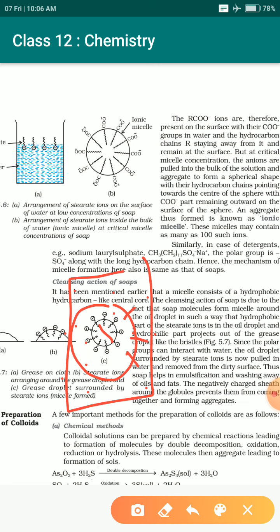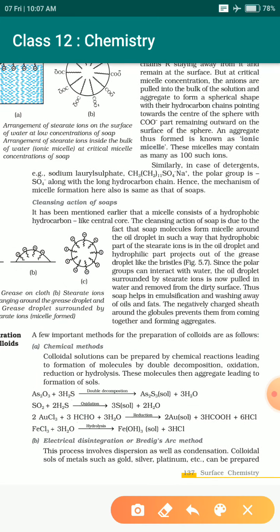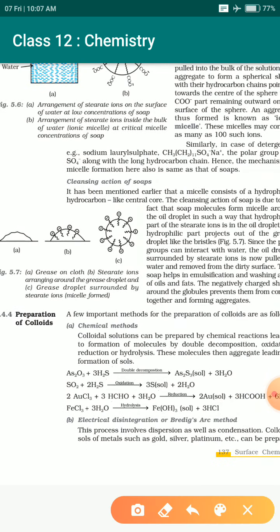Okay, now how does this cleansing action, this cleaning process, occur with the help of this micelle formation? See, cleansing action is quite easy in such scenarios. Suppose you have grease or dirt on your cloth.